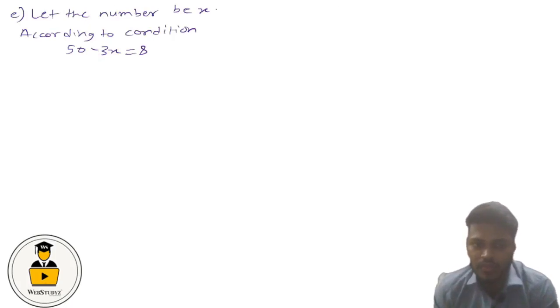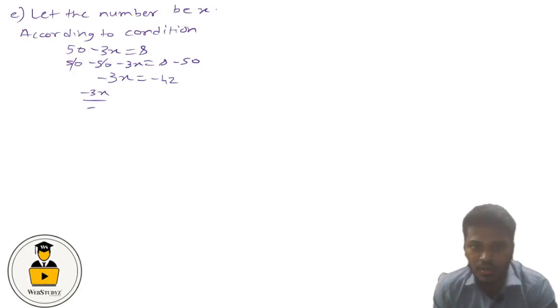Now the first thing that we will do here is we will subtract 50 from both sides. So this will be 50 minus 50 minus 3x equals 8 minus 50. So this will get cancelled. Minus 3x will be equal to 8 minus 50, which is minus 42. Now we will divide by minus 3 on both the sides.